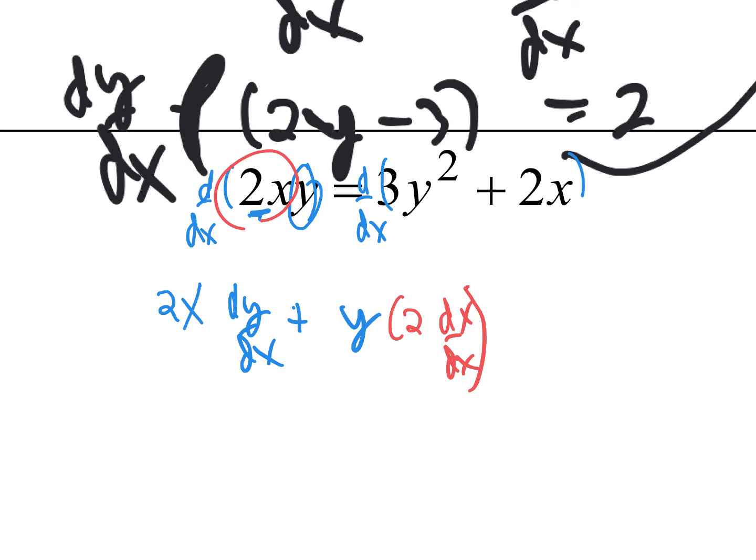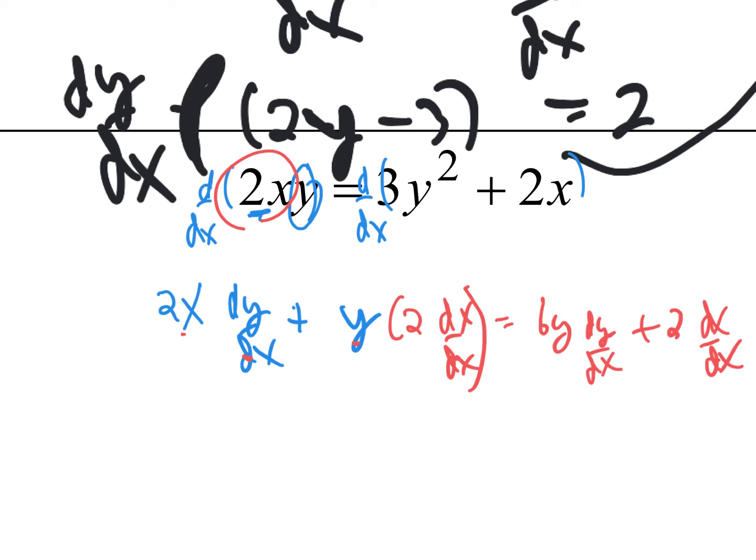The right side is not product rule. So it's just going to be a 6y dy dx plus the derivative of 2x, which is just a 2 dx dx.